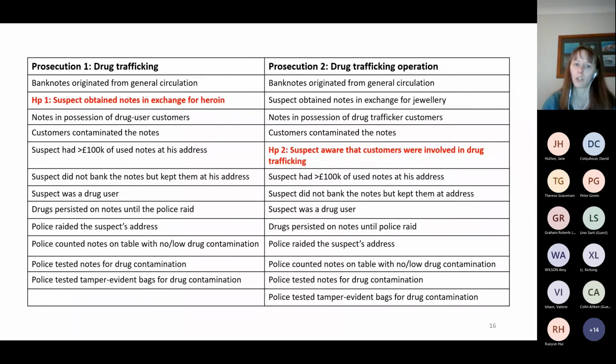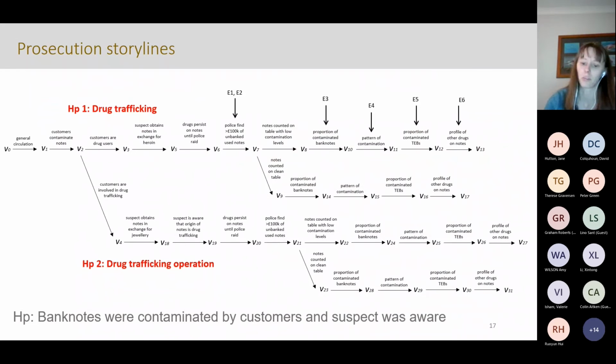So we thought that we would include 2 prosecution hypotheses in this Stephen Compton case. We built a timeline that accurately includes all of the events that happened in the Stephen Compton case. And each of these timelines follows the 2 different hypotheses that we postulated. First of all, on the left here, the notes are coming from general circulation.